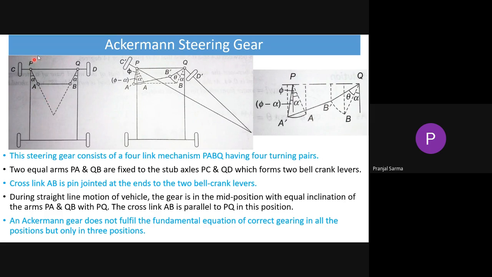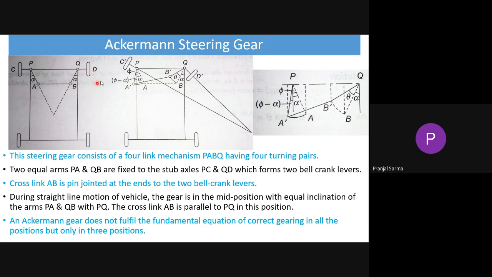It is not extended outside. It basically consists of four links, PA, PQ and so on. All of these are turning pairs, ultimately pivoted. PA and QB are equal in length, and they are fixed to the star axle here.